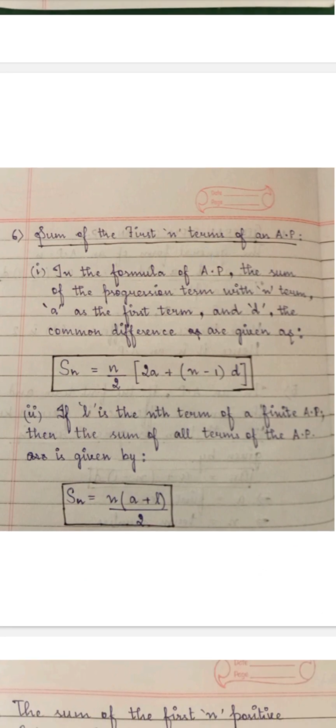If L is the last term of a finite AP, so there is an end, that is, a last term to this AP, then we can find the sum of all the terms of the AP by the formula Sn equal to n into a plus L by 2, where n is the number of terms, a is the first term and L is the last term.